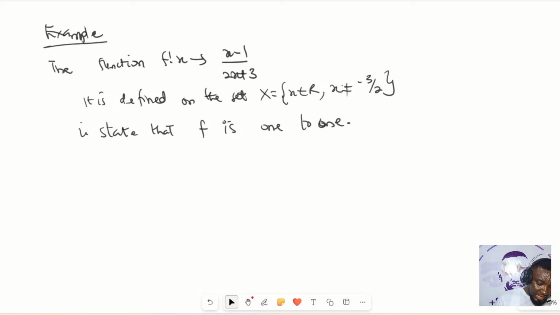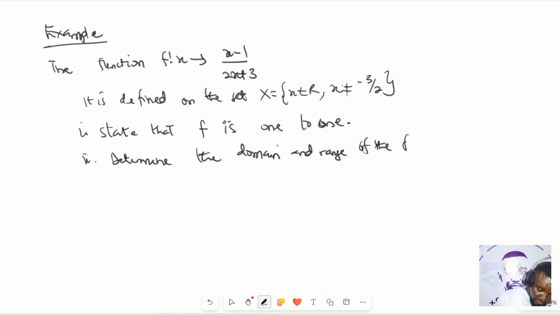We want to state whether this f is one to one, and then we want to determine the domain and range of the function f. So pause, try, solve, take your time and go through solving them so that we can look at the solutions.